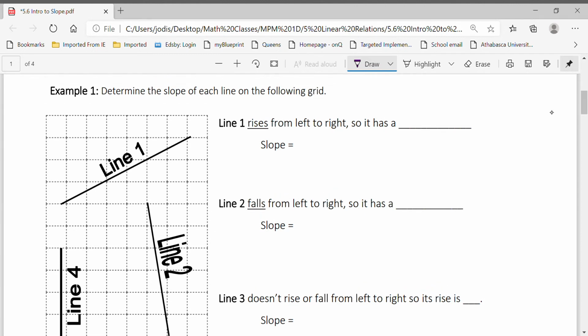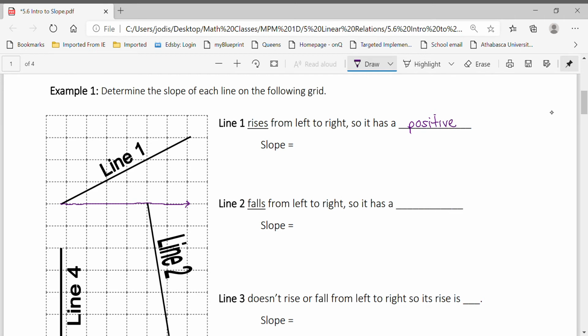Example number 1, we want to find the slope of each line on the grid. If we look at line number 1 here, it rises from left to right. So from the left, we start at one part of the line and go from left to right, which means it has a positive slope.